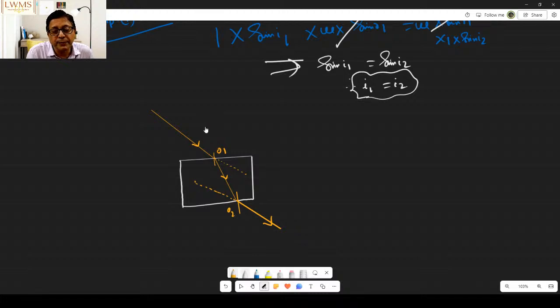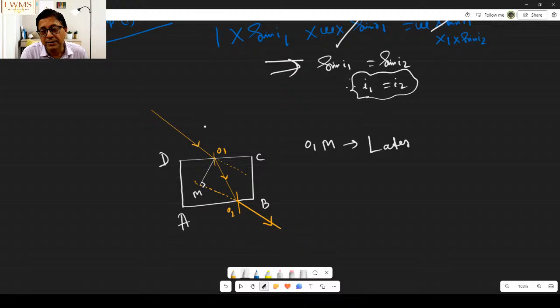O1m, if you draw a perpendicular, this O1m is going to be the lateral shift.